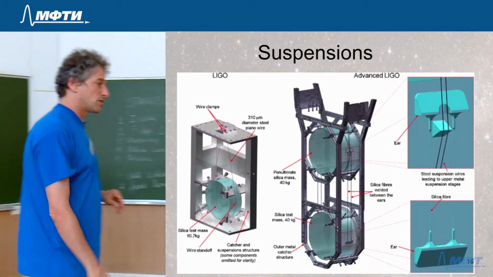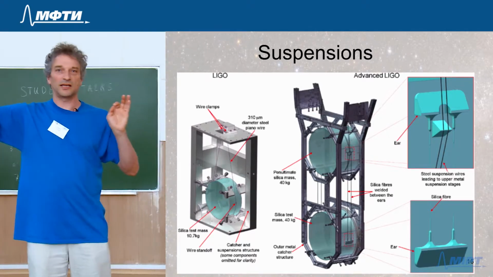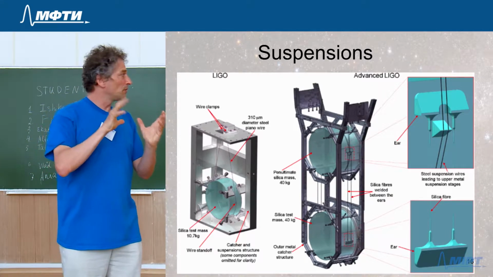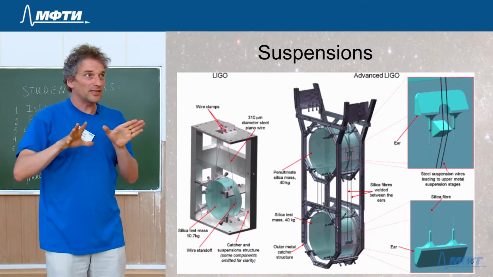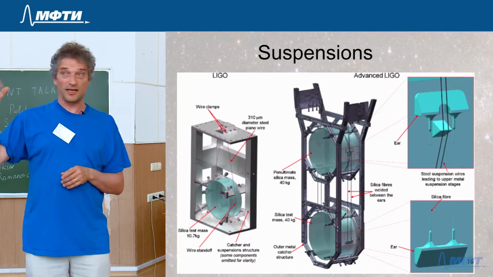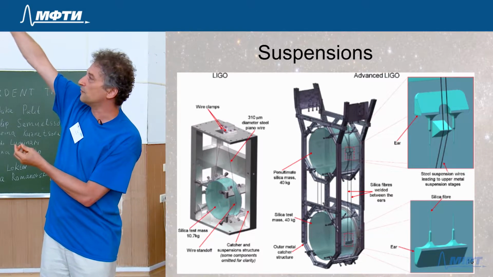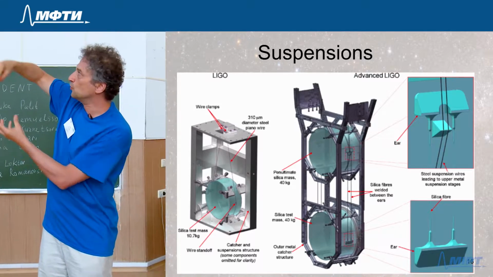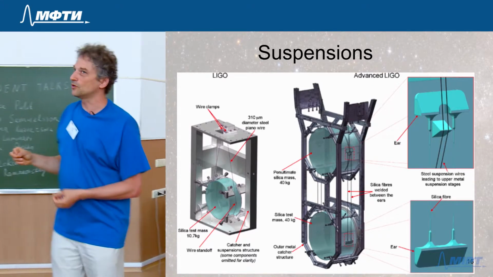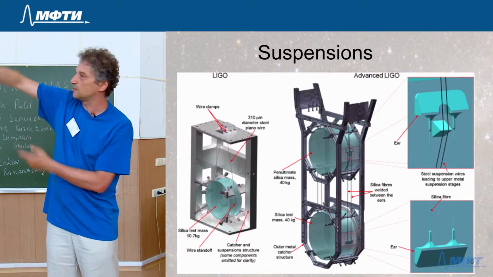Okay, this is what the suspension looks like, and this is another interesting thing, because these are big ideas in this field: how to suspend a 40-kilogram mirror on a thread so that it works well. So the big idea here was to use fused silica, and you can see at the bottom right the fiber is glued onto this elongated, pulled, I don't know how to call this, conical shape which is pulled from that support.